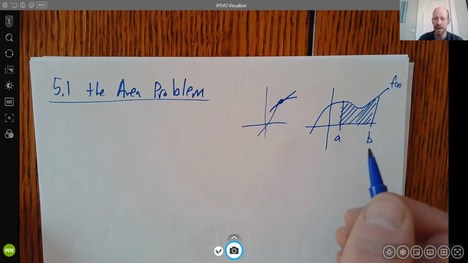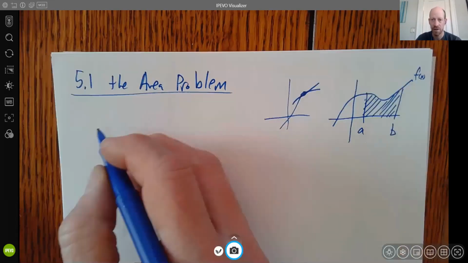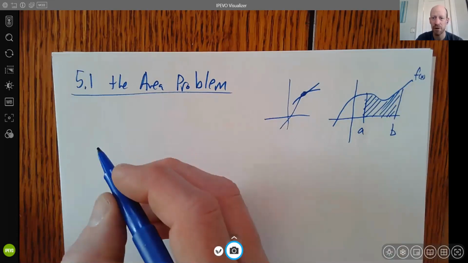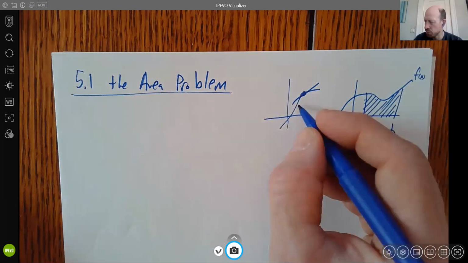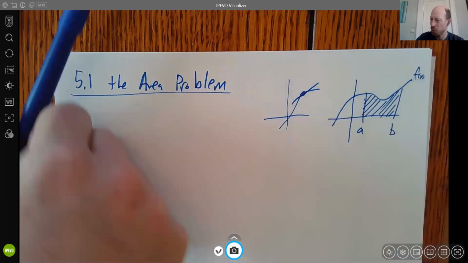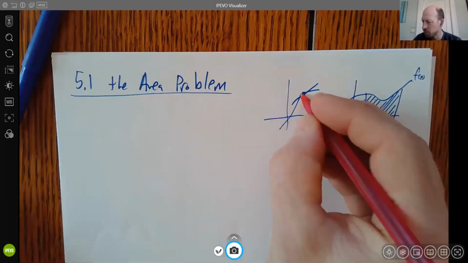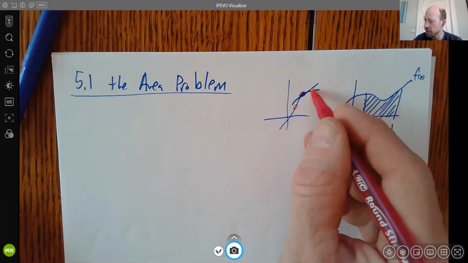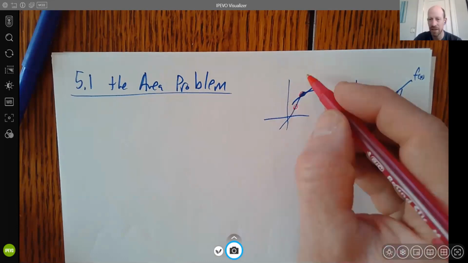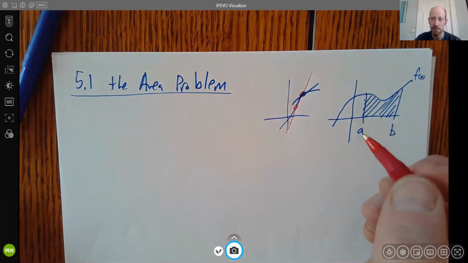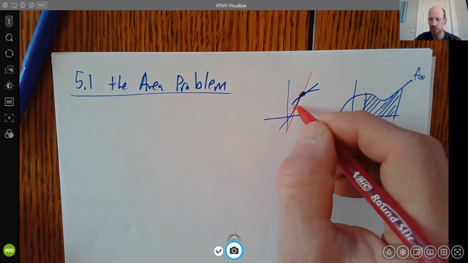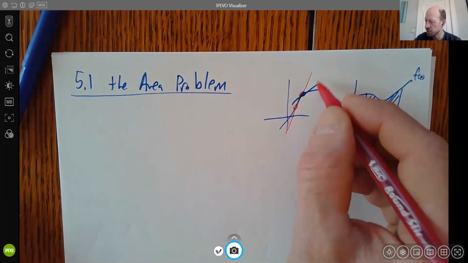But we can try and approximate the area and then try and make our approximation better and better and better. And I'm hopeful that you remember that that's what we did with the tangent line. We couldn't find the slope of this tangent line directly, and so what we did is we said, well, okay, let me find the slope of this line, and then let these lines get closer and closer to the tangent line.